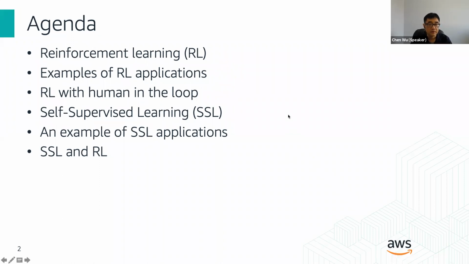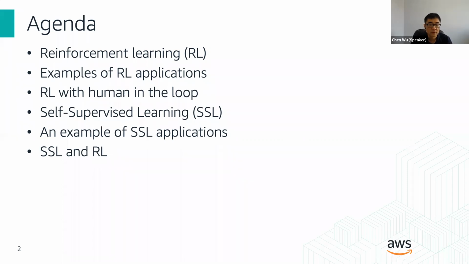So the agenda: I'm going to briefly talk about reinforcement learning. It's a very quick overview, and then some examples of reinforcement learning applications. And then particularly, I'd like to highlight the human factors in the deployment of reinforcement learning systems.